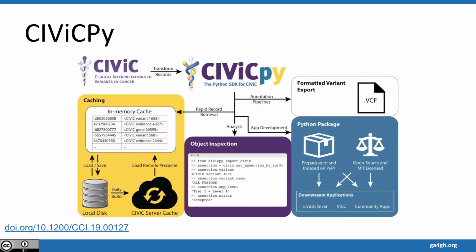One of the cool things about it is quick retrieval via local caching, and a nightly cache is hosted on the Civic server, which is built using CivicPy. It also has exporters, one being able to represent Civic records as VCF files. Next slide.